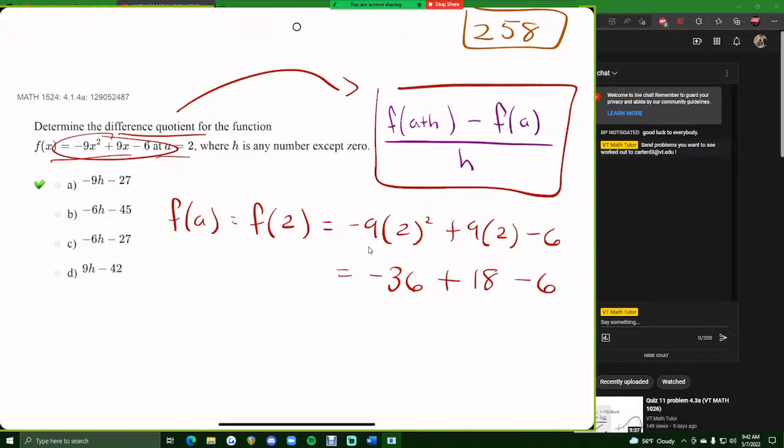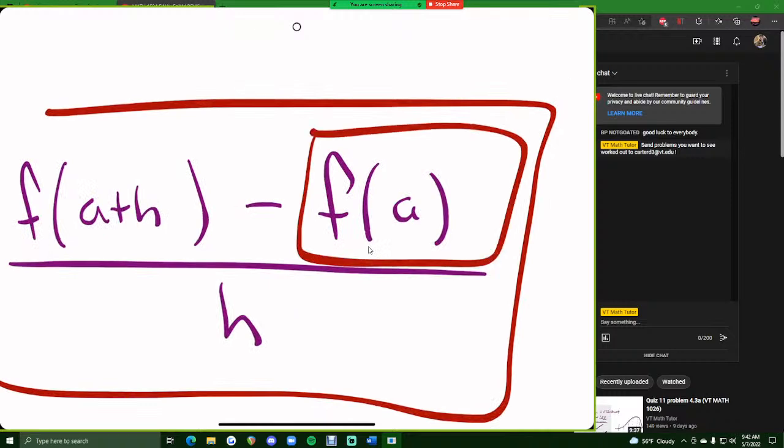I'll just do this in a phone so I don't regret it. Negative 36 plus 18 minus 6 is negative 24. So this negative 24 is f of a. So negative 24 will be plugged in here eventually.